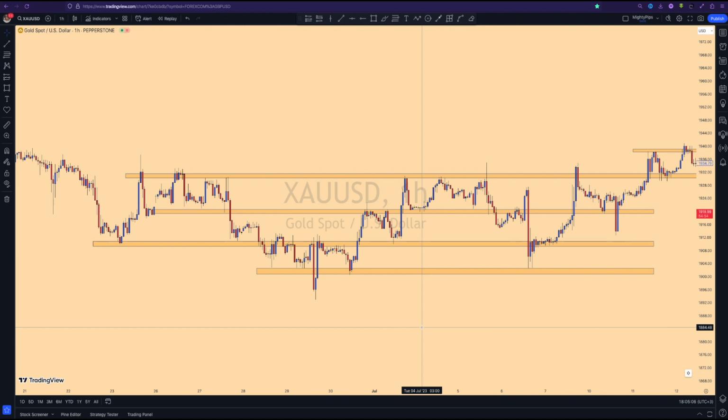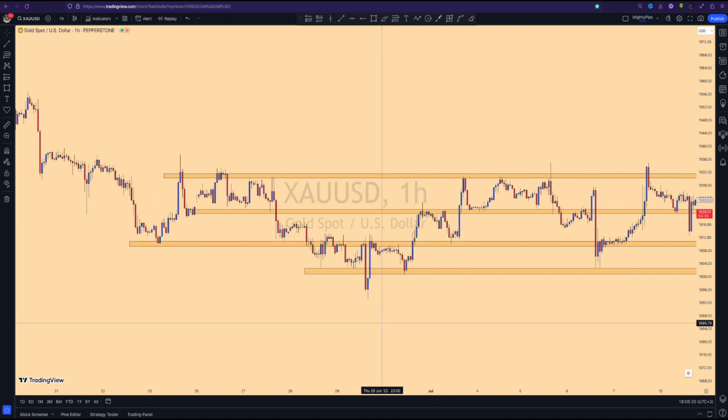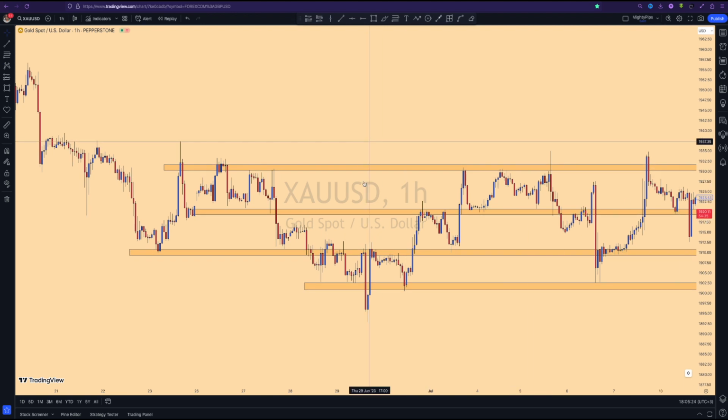For example, if you've drawn your levels on the daily chart as I've shown you, and you come down to a 1 hour chart, your levels of structure become more clear. You will know exactly where the highs and the lows are.